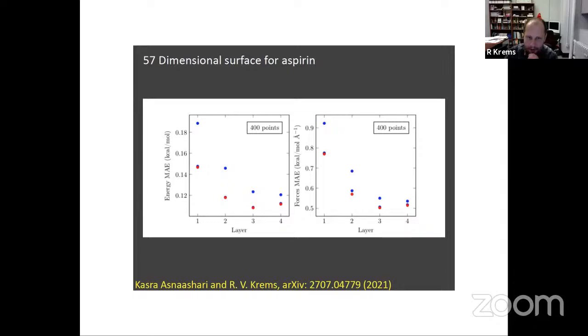So we saw in our previous discussion that we can build Gaussian processes that can extrapolate, or at least we saw a hint of that in our analysis of the potential energy surfaces and the way we train them.